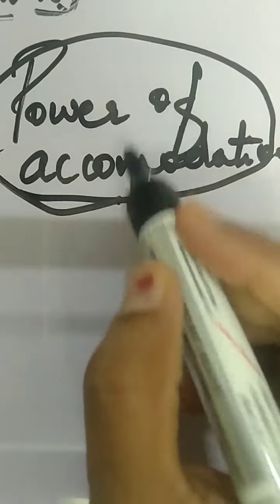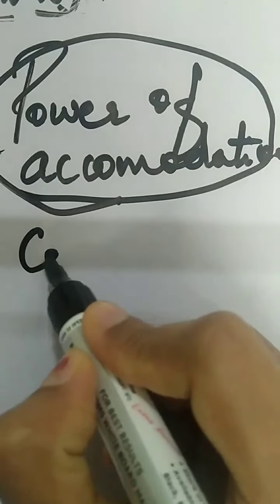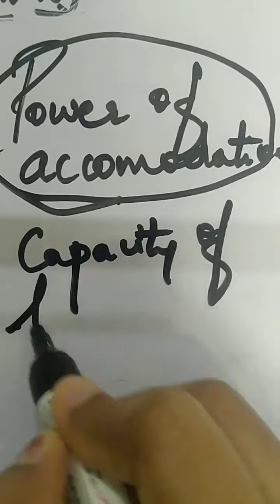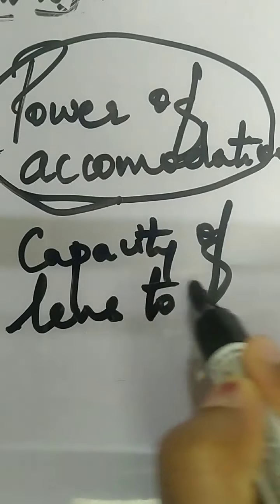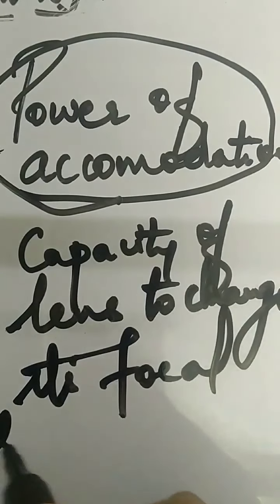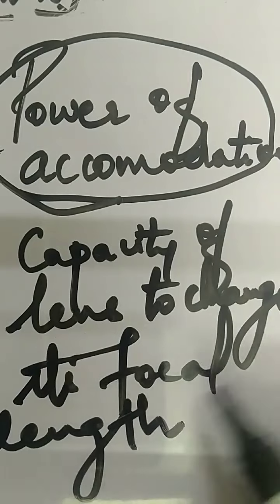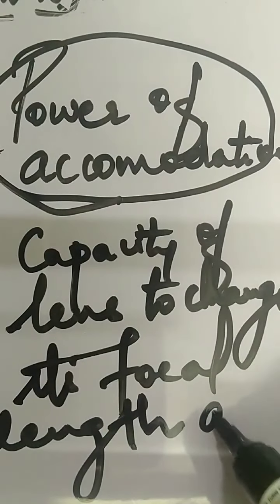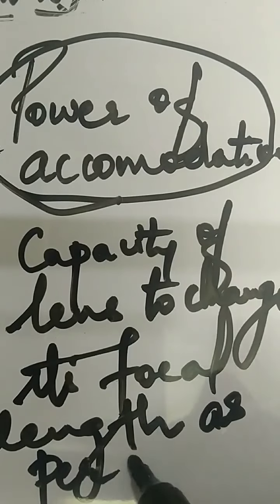Okay, so let us go to the definition. What is the definition? The capacity of lens to change its focal length as per need is called the power of accommodation.